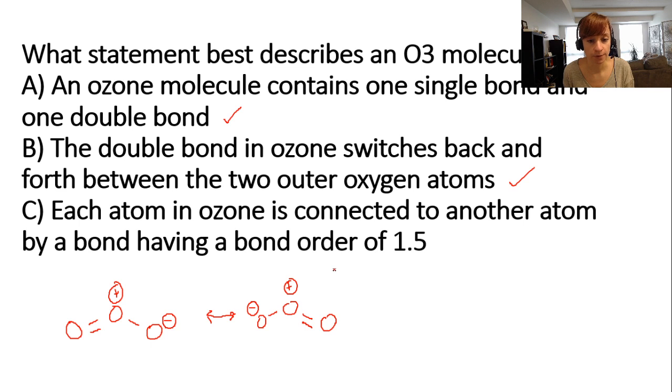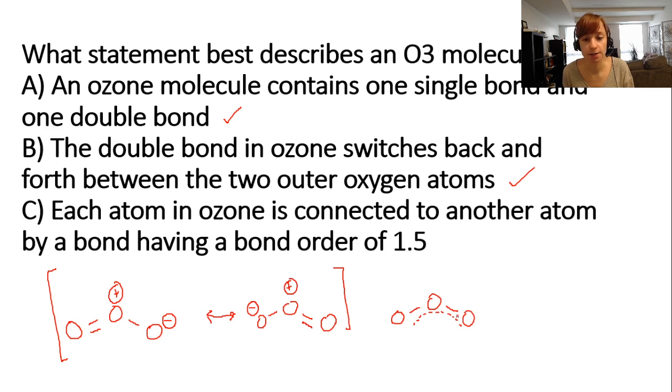So now what needs to be considered, this is our resonance structure, I'm just going to break it off like that. But if we were to combine these 2 resonance structures into one, this is how you would draw it. So no matter which resonance structure, there's at least 1 bond between the central oxygen atom and the 2 outer oxygen atoms. But that double bond flips back and forth. So the best way to show it is through a dotted line that goes all the way around.